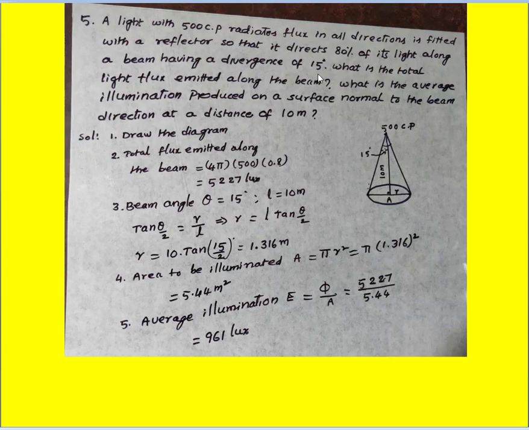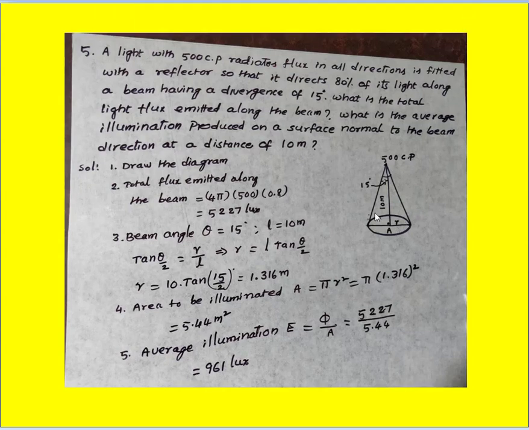What is the total light flux emitted along the beam? What is the average illumination produced on a surface normal to the beam direction at a distance of 10 meters?